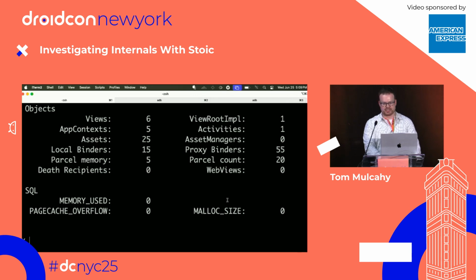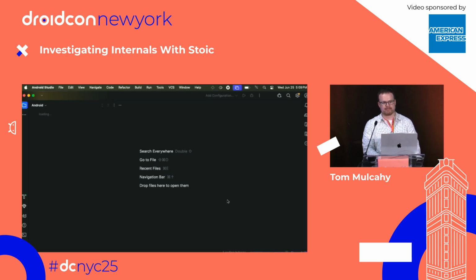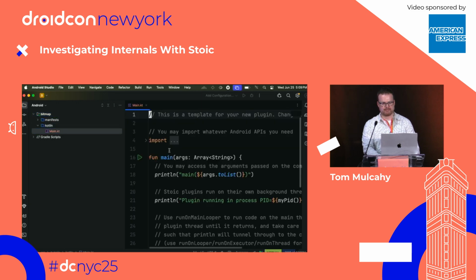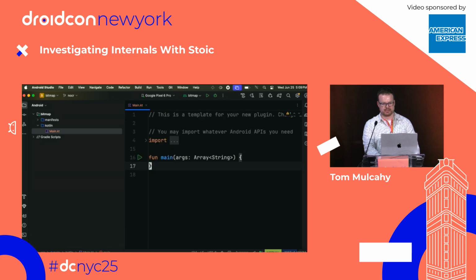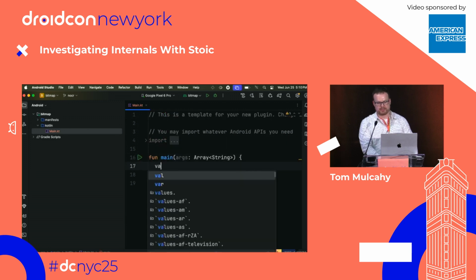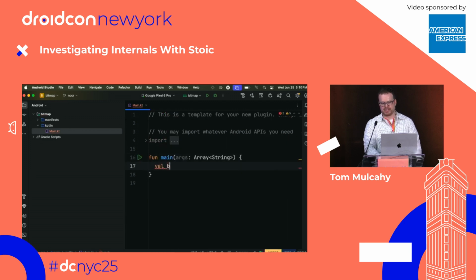So I'll show you what I can do with Stoic. I'll create a new Stoic plugin. And I'll just get rid of this boilerplate here. And Stoic provides some advanced debugging APIs, so I can get a list of the bitmaps in my heap. I can get a list of any class that I'm interested in.